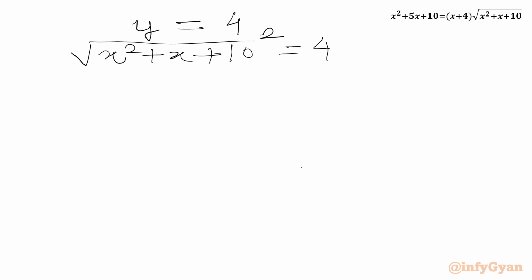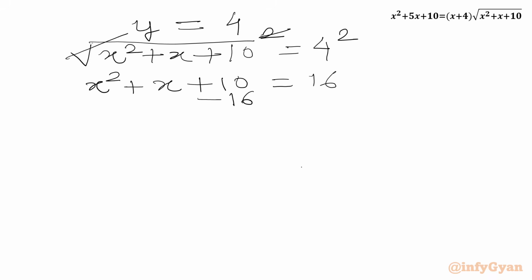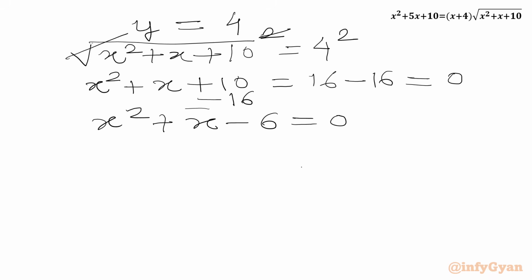After squaring both sides, we are going to cancel square root with the square in LHS and write x square plus x plus 10 equal to 16. Now we'll subtract 16 from both the sides. 16 minus 16 will be 0. So we will write one quadratic equation, x square plus x minus 6 equal to 0.